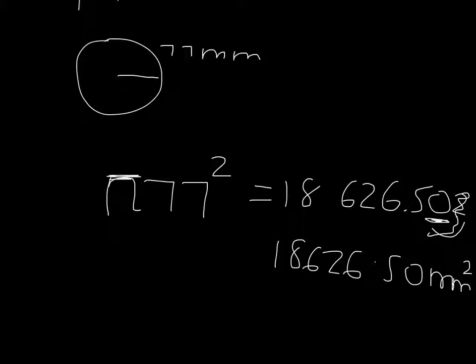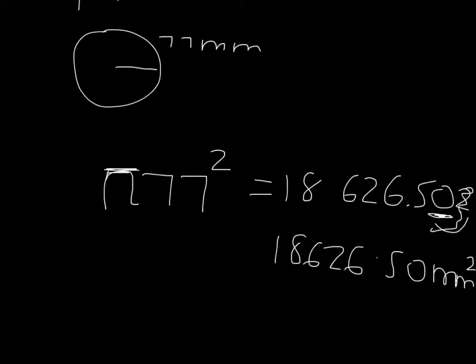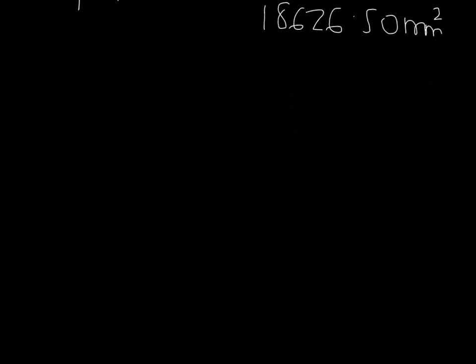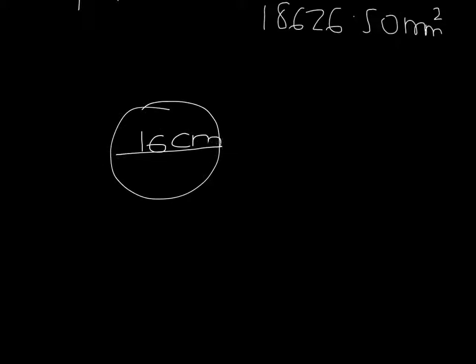All right, let's move that one away, and I want to show you another question. So if you've got a question like this one, and it says it's 16 centimeters. Now remember, area is pi r squared. So r stands for radius, and radius only takes you from the center. So if the diameter is 16 centimeters, what's the radius? The radius will be 8.